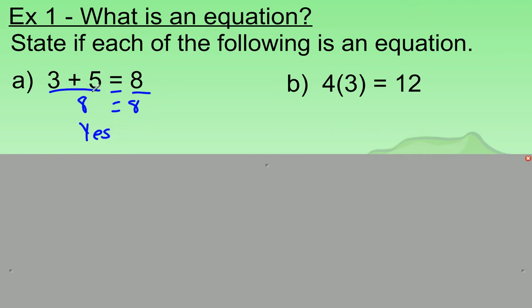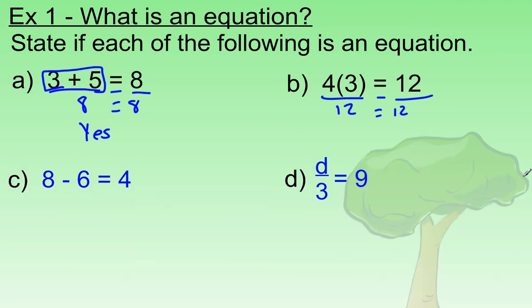We know it's an equation because the two sides are equal. Letter B, we have 4 times 3 equals 12. Does this stuff equal that stuff? And the answer is yes. 4 times 3 is 12, so 12 equals 12. This is true. And that's what we really want. We want our equations to be true. We want one side to equal the other.